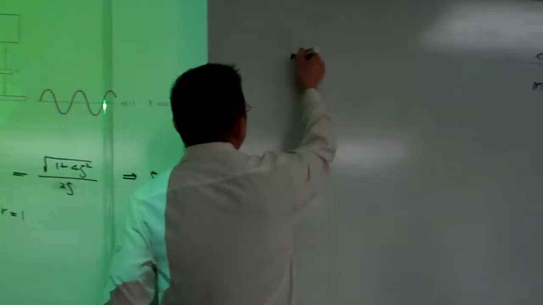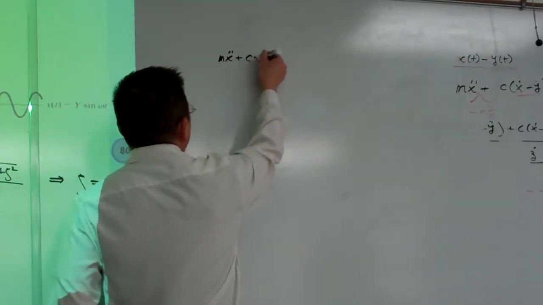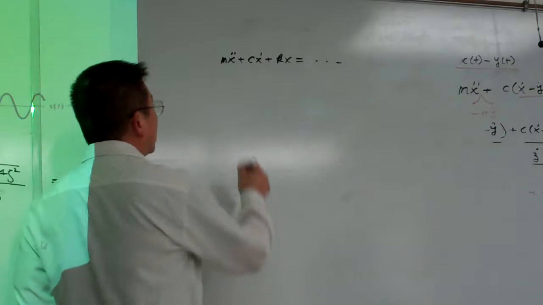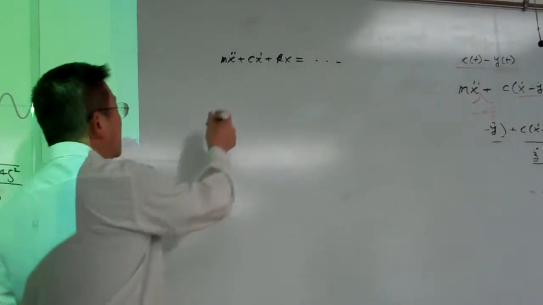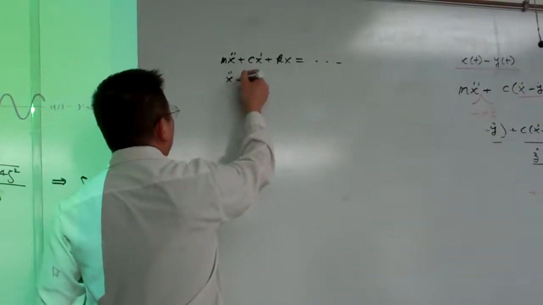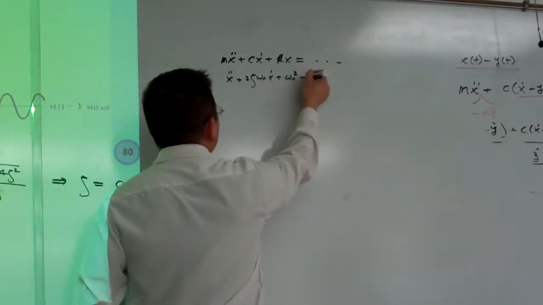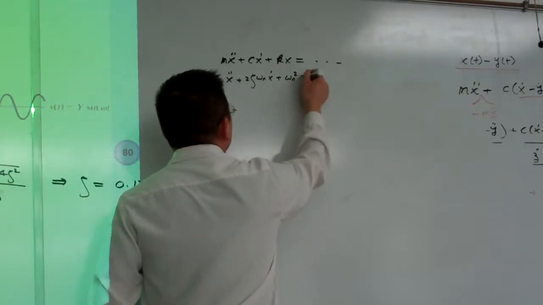For this system, it's m x double dot plus c x dot plus k x equal to whatever. I don't care, because I want to obtain c. And we have x double dot plus 2 zeta omega n x dot plus omega n squared x equal to something.